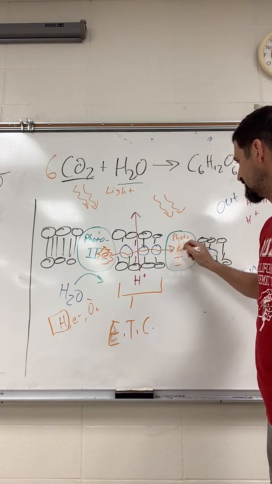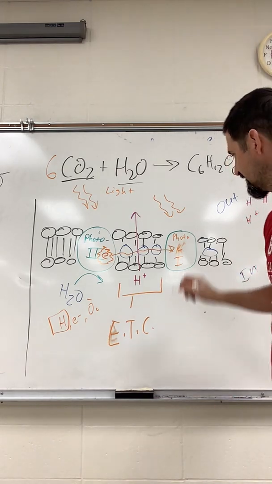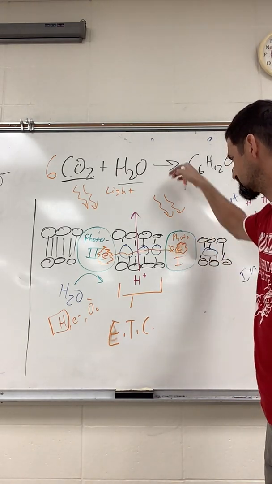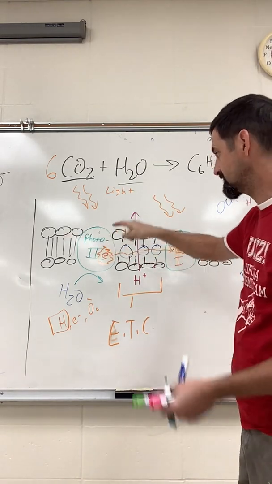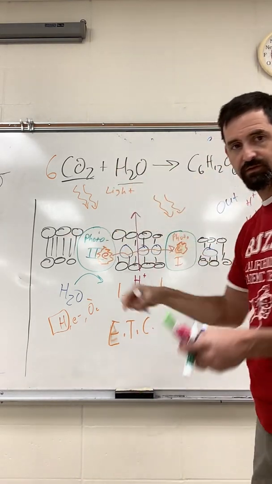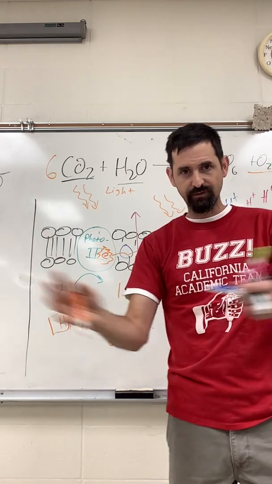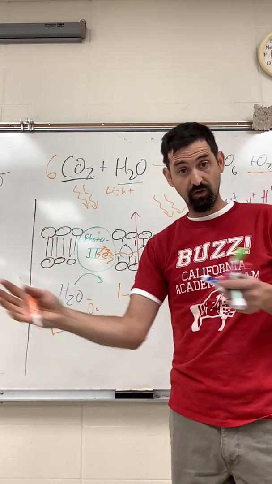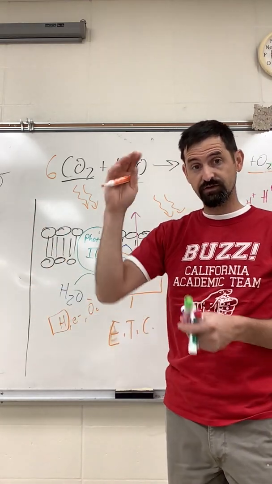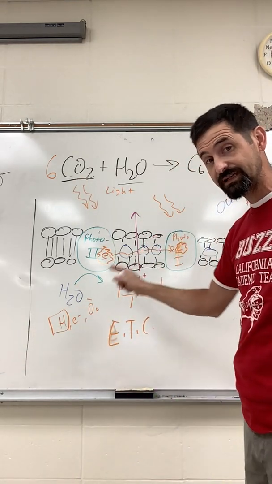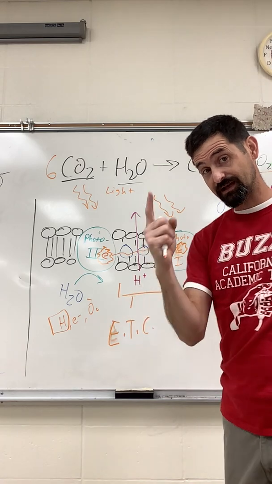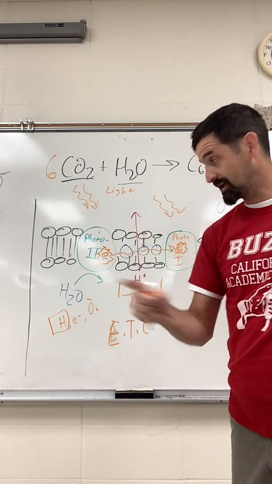Photosystem 1, and we have our electron there, and it becomes re-energized. Keep in mind that both of these happen at the same time, because light's hitting both of these. So it's like everything happens all at one time, and we're constantly splitting water, moving electrons, pumping hydrogen, re-energizing electrons all the time. As long as light is hitting a plant, and it has water and it has light, this is happening.